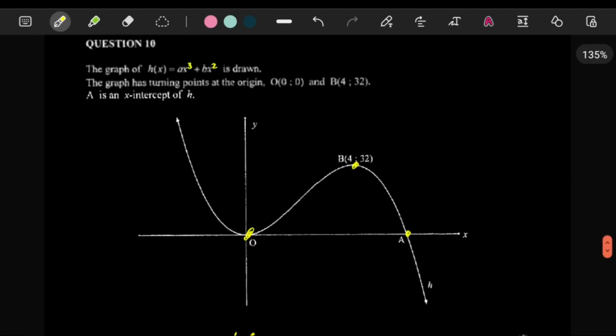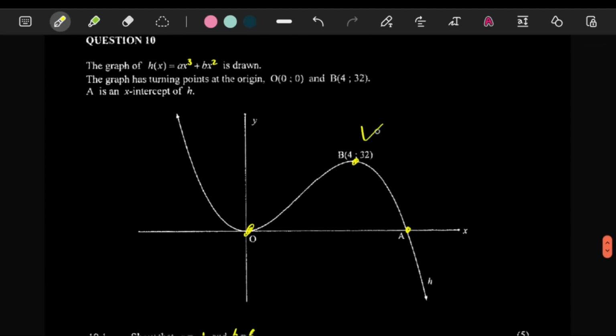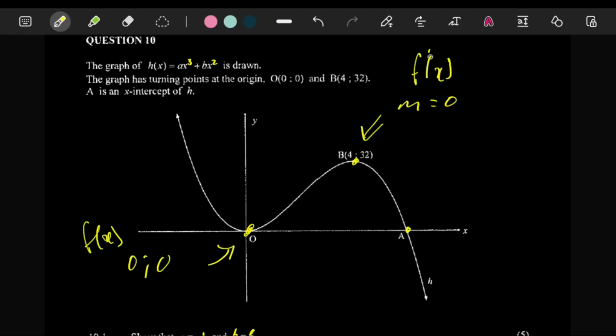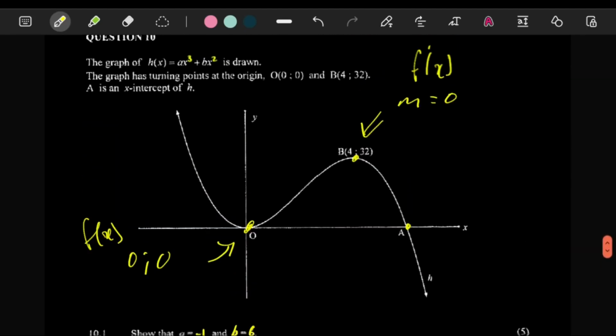That shouldn't be too bad, because we have a turning point, so we know that the gradient there is 0, and we have a coordinate. So we can use the coordinate equation, which is f of x, and then we can use the first derivative and the gradient. So that's how we're going to get A and B.